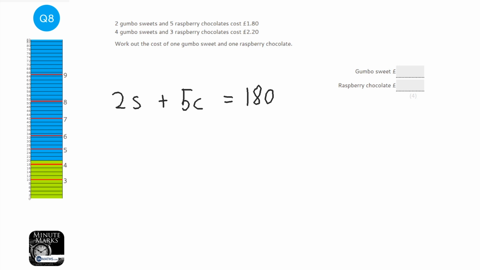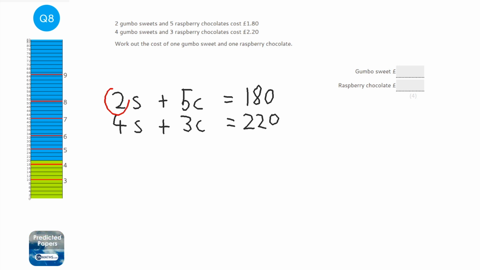And then we can write the second one as 4 lots of the sweets plus 3 lots of the chocolates equals 220. So to do simultaneous equations, you need one of the coefficients to be the same. Looking at the S and the C, to get the C's the same, I'd need to times all the numbers at the top by 3 and all the numbers on the bottom by 5 to get them both to 15.